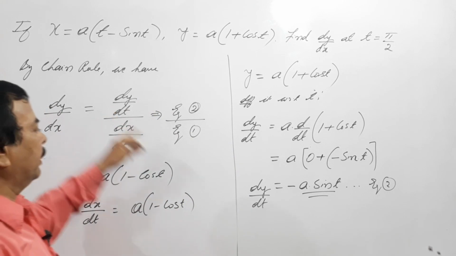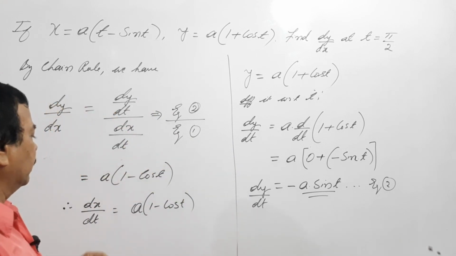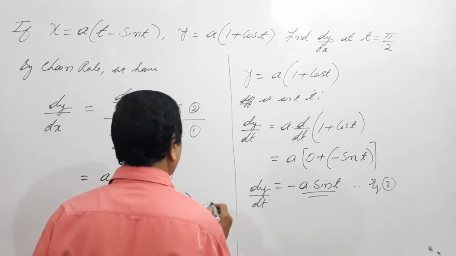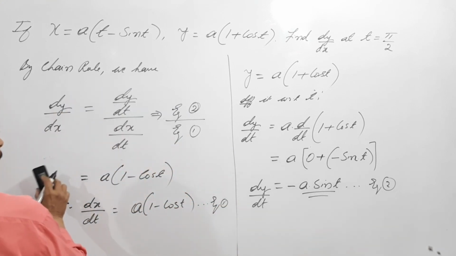So dy by dt is equation 2, dx by dt is equation 1. So we'll divide.